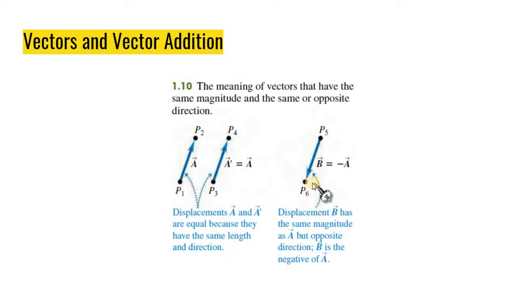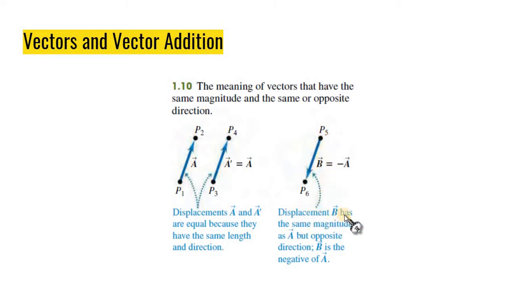Okay, let's look here at this point. This point started moving from point 5, P5, to point 6. Although they have the same magnitude as A, it has a different direction because it moves downward.